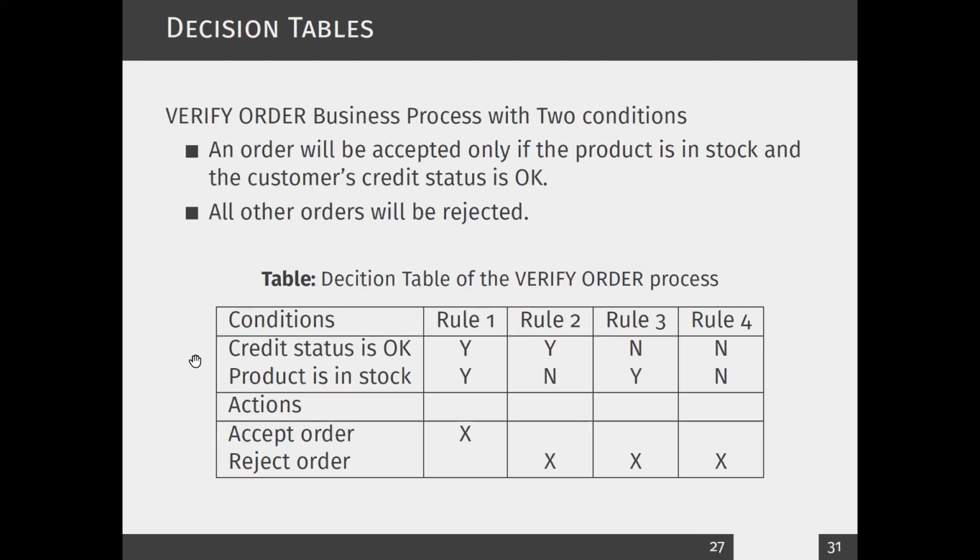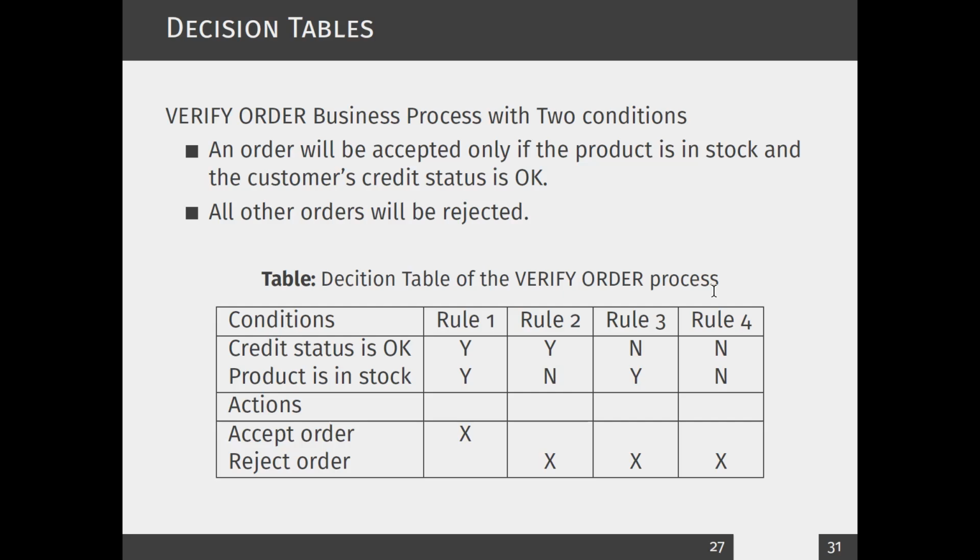Now, let's say the same problem, right? That means we are going to have two conditions. The order is going to be accepted if the product is in stock, that means product is yes, as well as customer credit is okay.